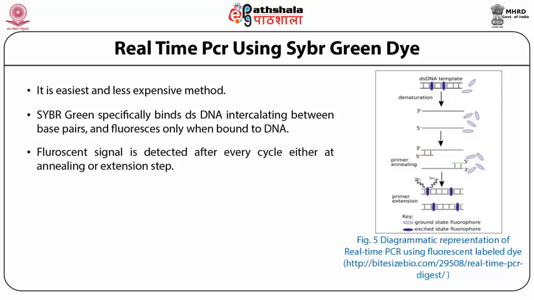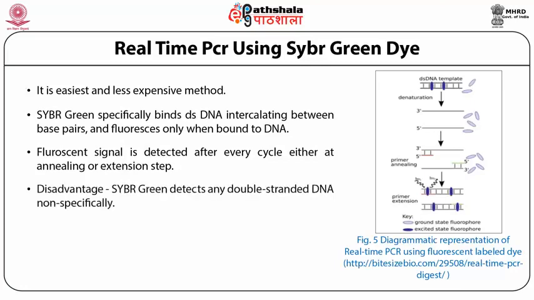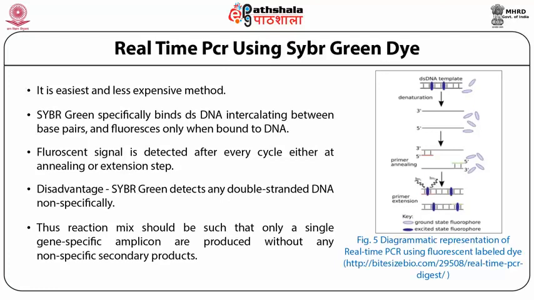Thus, as the PCR proceeds, the amount of signal obtained will keep on increasing and will give an estimate about the amount of RNA or DNA present in the sample. But the major disadvantage of this method is that SYBR Green detects any double-stranded DNA non-specifically. Thus, reaction mixtures should be such that only a single gene-specific amplicon is produced without any non-specific secondary products.